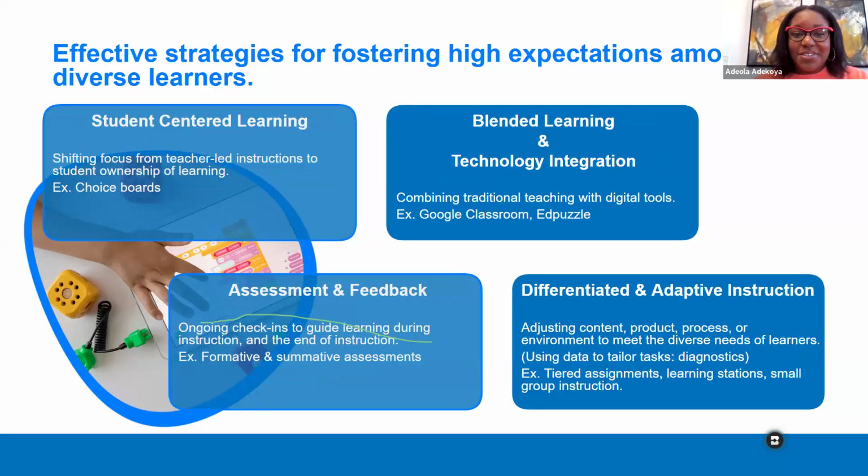More of the effective strategies that teachers can apply for adaptive teaching in the classroom would be student-centered learning. Here, you're shifting the focus from teacher-led instruction, a teacher standing in front of the classroom and just dishing out information to the students, to student ownership of the learning. So the student is guiding their learning.